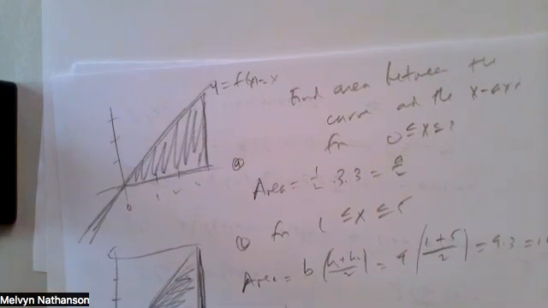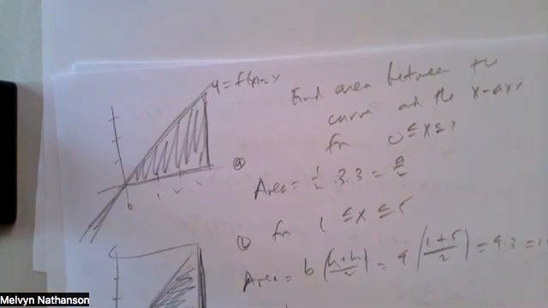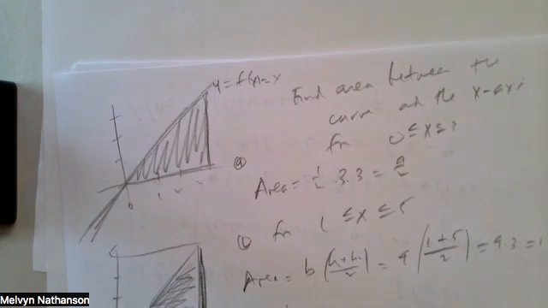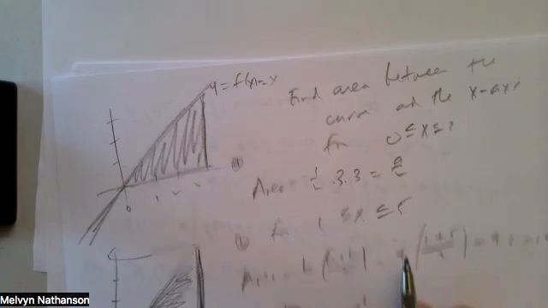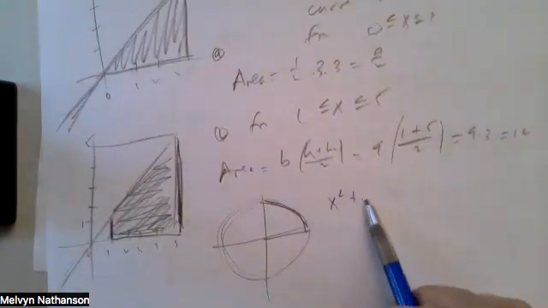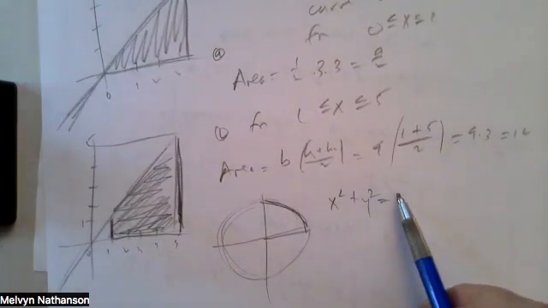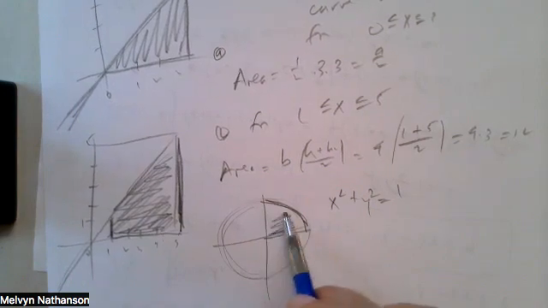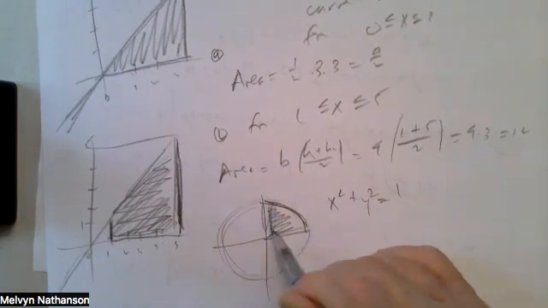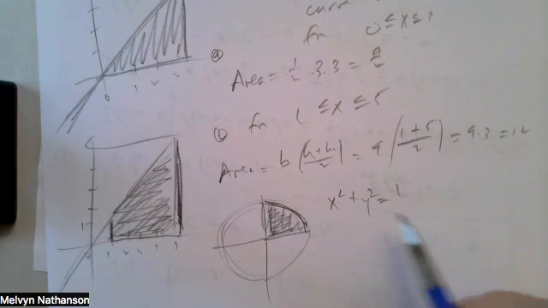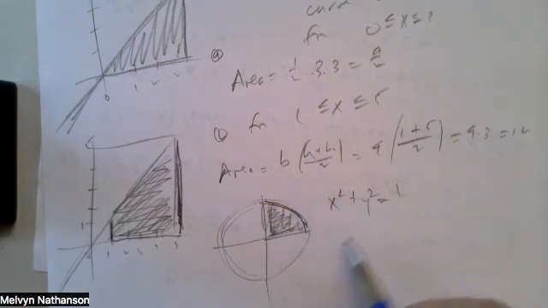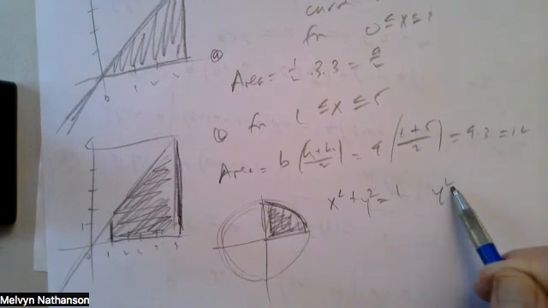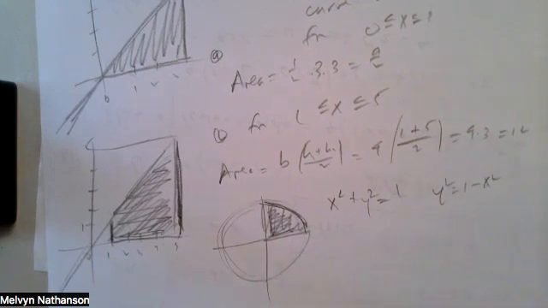Suppose I take a unit circle. So the circle is x squared plus y squared equals 1. Suppose I'm just interested in the area of this quadrant of the circle. I could describe this curve by a function. If I solve for y, y squared is 1 minus x squared.